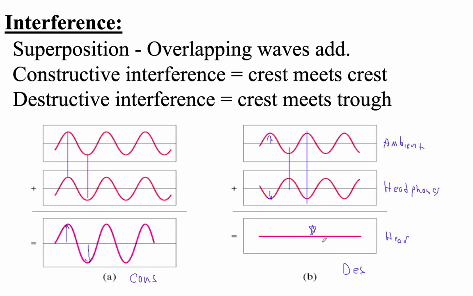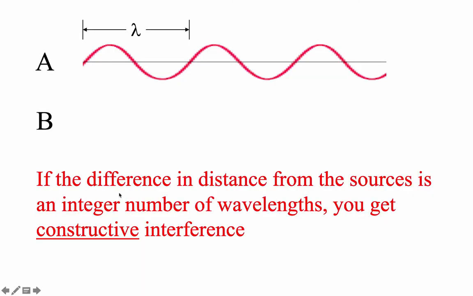Now, there are some rules for constructive and destructive interference, and it has to do with the shift of these waves. If the difference in distance from the sources is, let's say you have two sources of sound, and one is here and one is here, and you're maybe here. You're going to be a different distance from one source than you are from another.